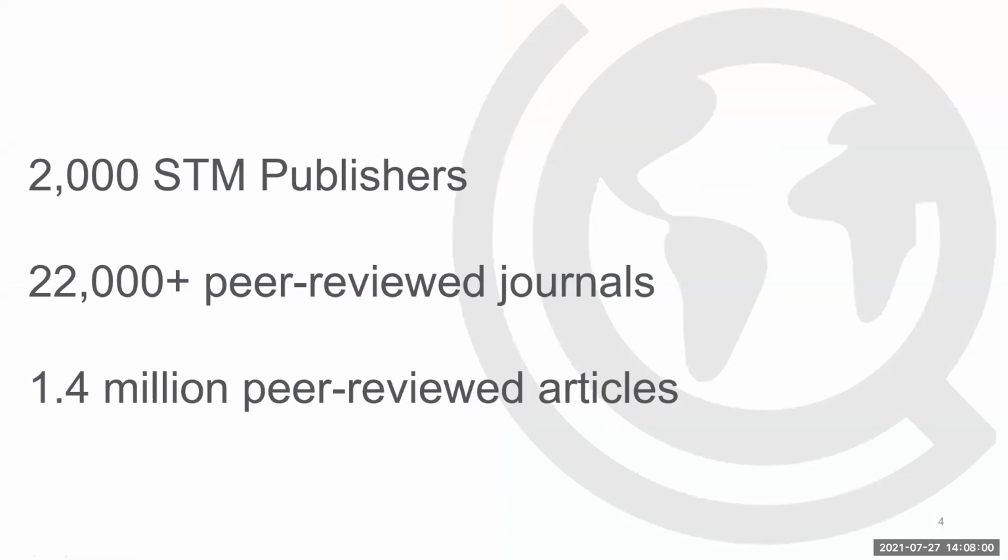The industry is highly competitive, so there are some 2,000 publishing organizations ranging from kind of small private ones to really big ones like Elsevier, and there are over 22,000 scholarly journals and 1.2 to 1.4 million articles per year published annually from over 5 million researchers worldwide. So it's quite a huge network.